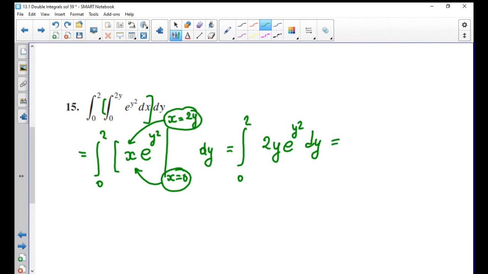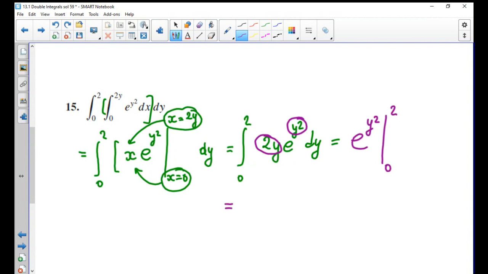So we're getting this. And now this is very convenient, because what is the derivative of y squared? It's 2y, which is exactly there. So this integral is just e^(y squared) from 0 to 2.